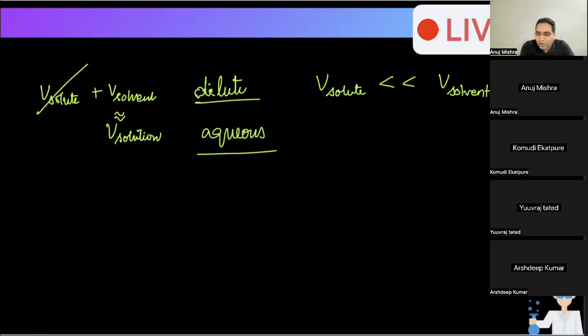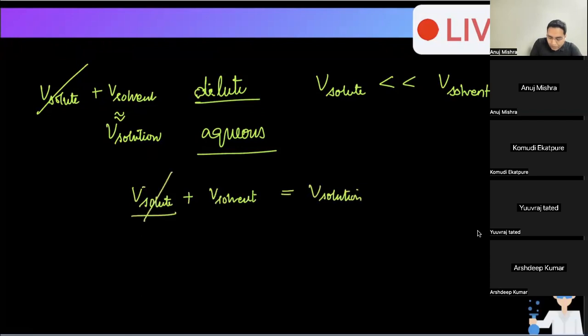Is it clear? Any problem with this? Any issues in this? So we say volume of solute plus volume of solvent is volume of solution.